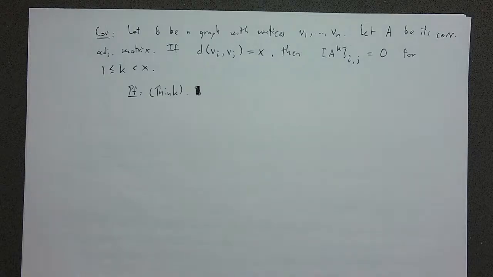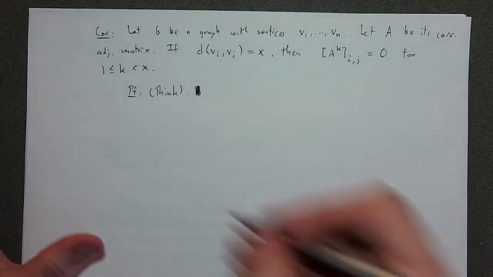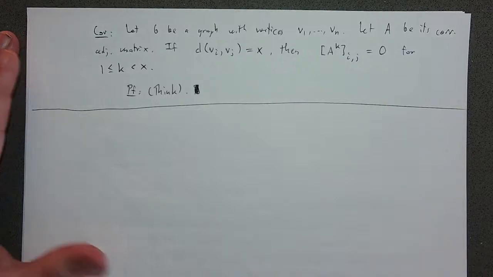And ultimately, of course, this result links for us the adjacency matrix and distances in a graph. So raising the matrix to a power gave us entries that told us something about distances, right? The number of k-edge walks from blah to blah. That's saying something about distances indirectly, as this corollary points out. And so here's the next idea in that vein.